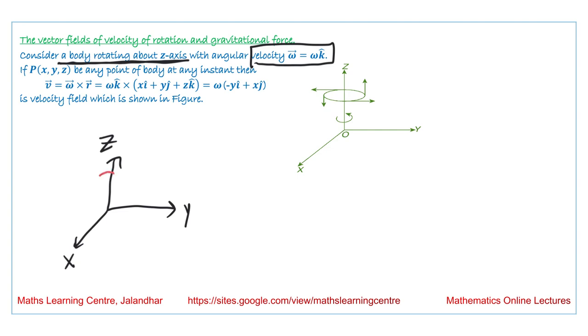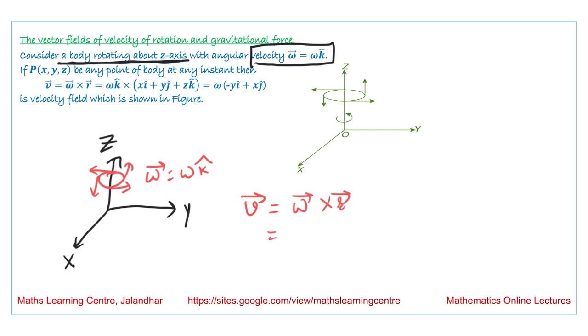It is rotating about the z-axis and omega vector is equal to omega times k cap. Then the velocity of the object at any point P(x, y, z) at any instant t is given by omega vector cross r vector.